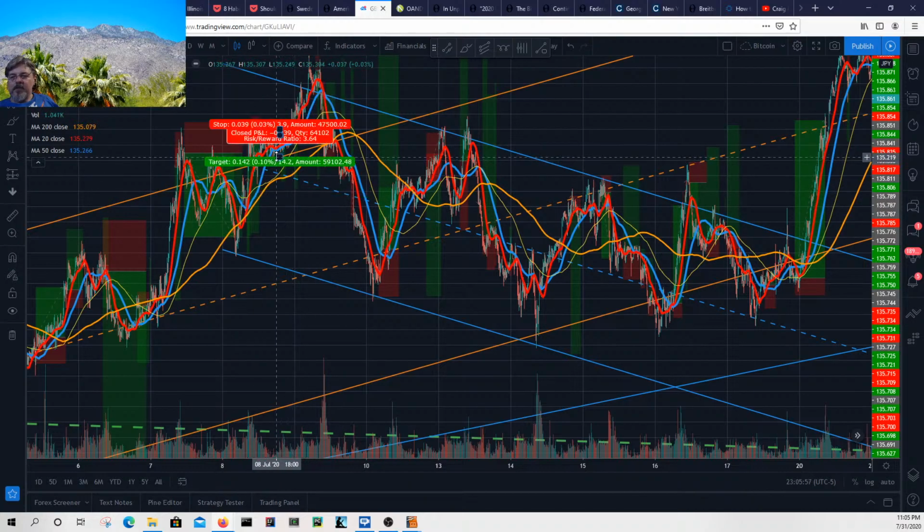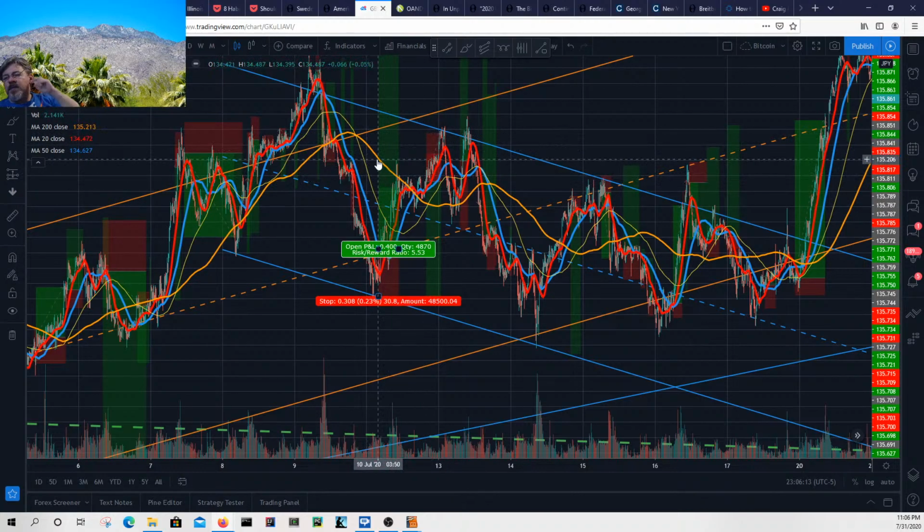So it may not actually cross the 20 and the 50 moving averages here, the red and the blue, but it comes really close and makes you think it's going to touch, or it may actually touch and cross and then keep going. If it got here, I might consider closing my trade.